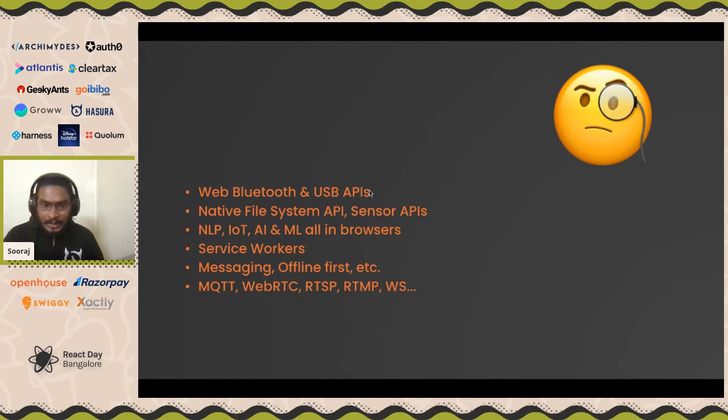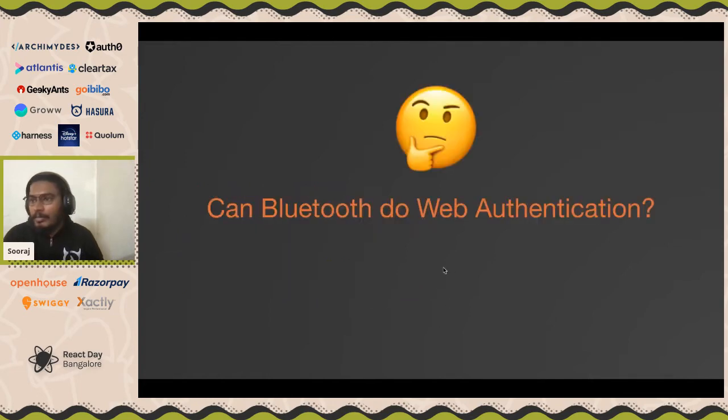You can directly talk with USB devices, the native file system, and some sensors, and you can do some NLP, IoT, AML, those kinds of things in the browser runtime itself. There are also interesting tools like service workers, messaging, the offline first approach, and related tools. And the very good thing is that nowadays browsers are not only supporting the traditional protocols, they support a lot more than that, something like MQTT, WebRTC, RTSP, RTMP, and so on.